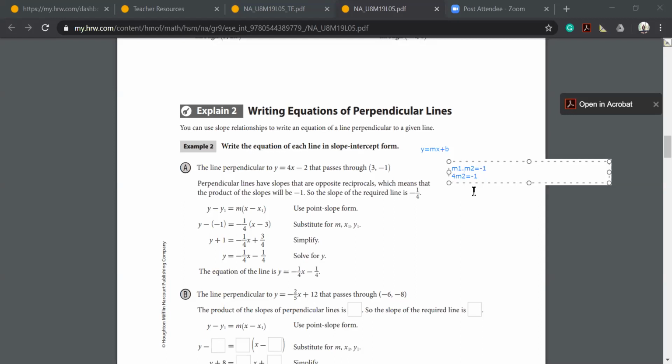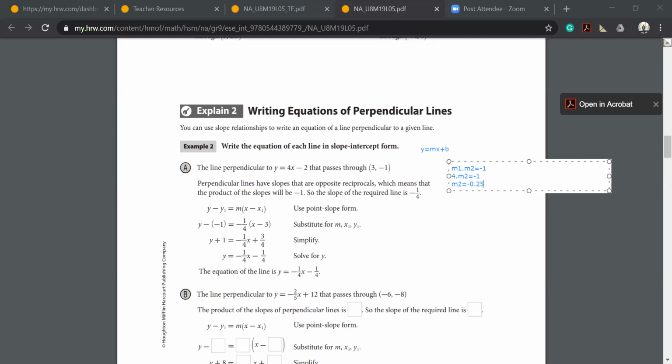This is easier, yes. So 4 dot m2 is equal to -1. How can I remove the 4? I will divide by 4 on both sides. So m2 is going to be, if you divide -1 by 4, -0.25. I found m2. Did you understand how we found it?